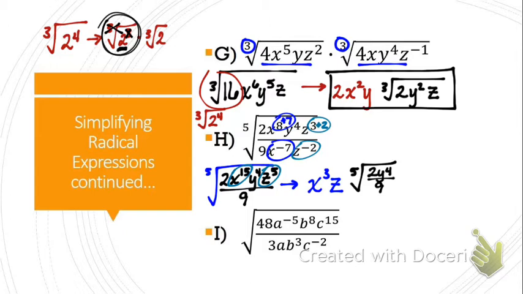No. Do you guys see how I have this denominator here? Even though I didn't write it this way, this is equivalent, x cubed z, to saying the fifth root of 2y to the fourth over the fifth root of 9. And that means that I need to rationalize my denominator.